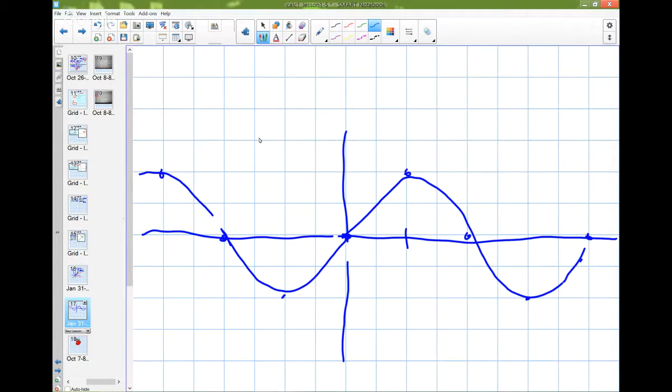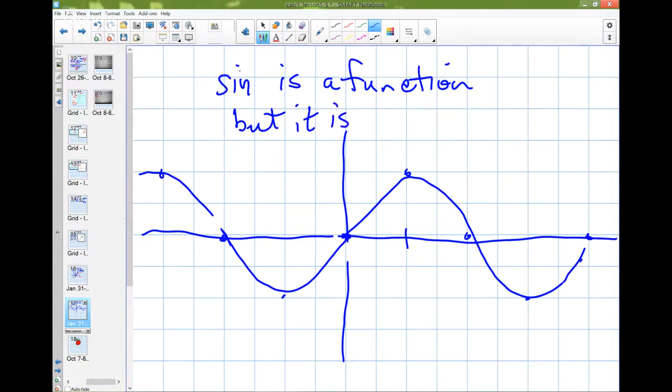No. So the sine is a function, but it is not a one-to-one function.